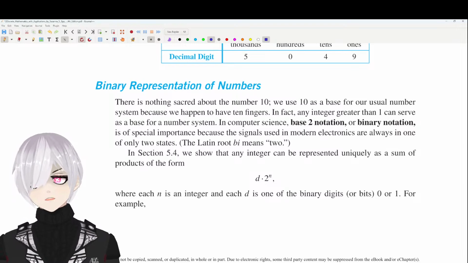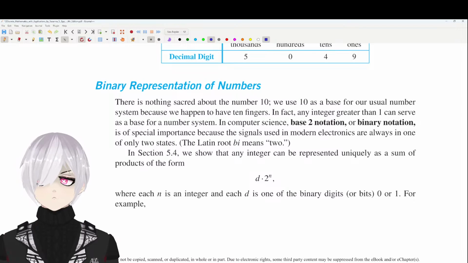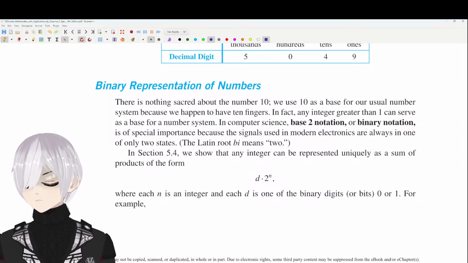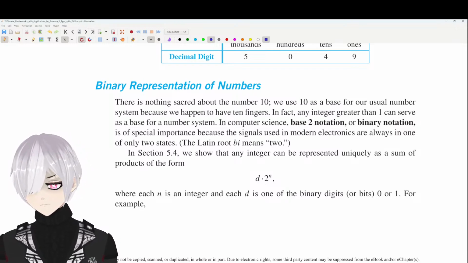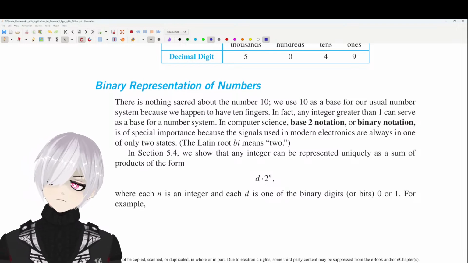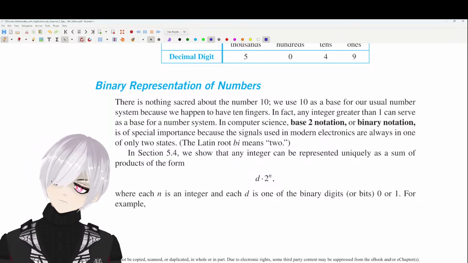I wonder why you can't have a base 1 number system. I guess whatever your base is, that's how many digits you can use for each place.